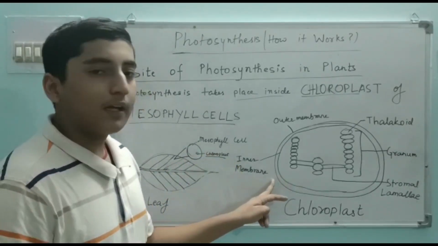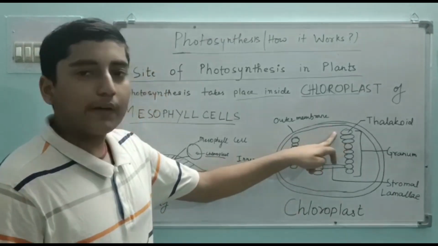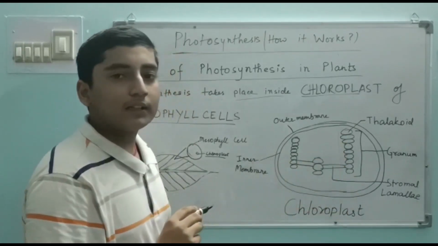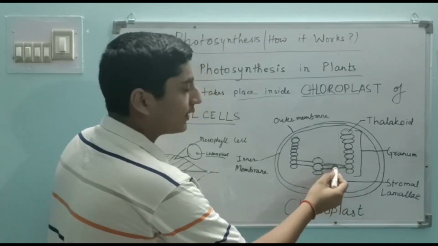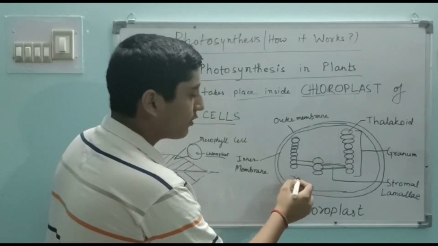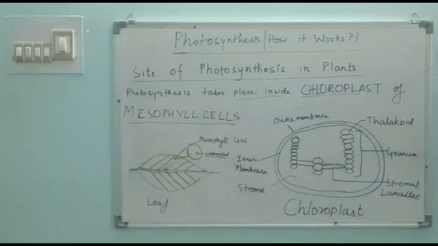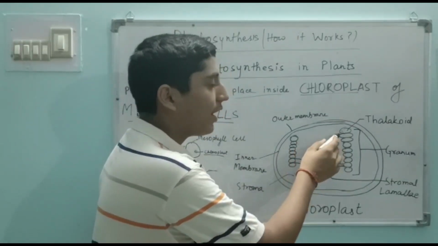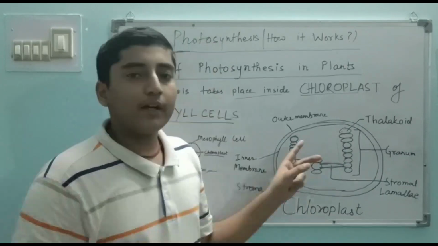And look here, the rough sketch of the chloroplast. In the chloroplast, this is the thylakoid, and the whole collection of thylakoids is called granum. This structure is the stromal lamellae, and this is the stroma. So photosynthesis takes place inside the thylakoid of the chloroplast of the mesophyll cell of the plant.